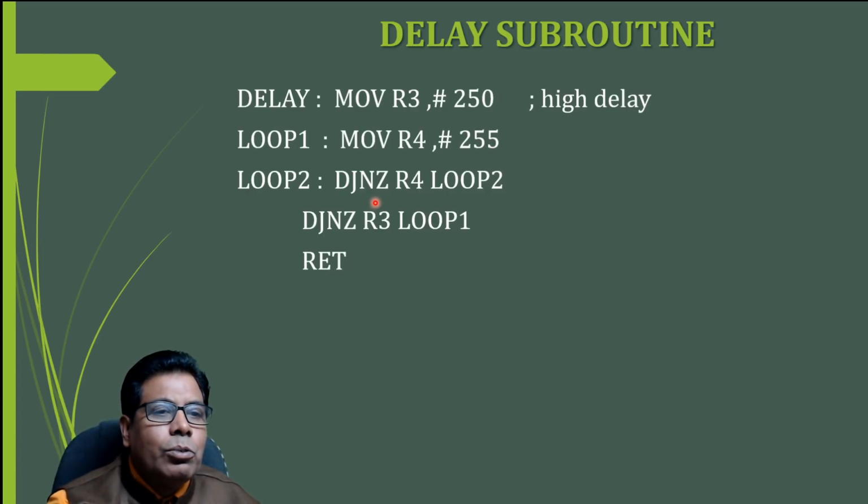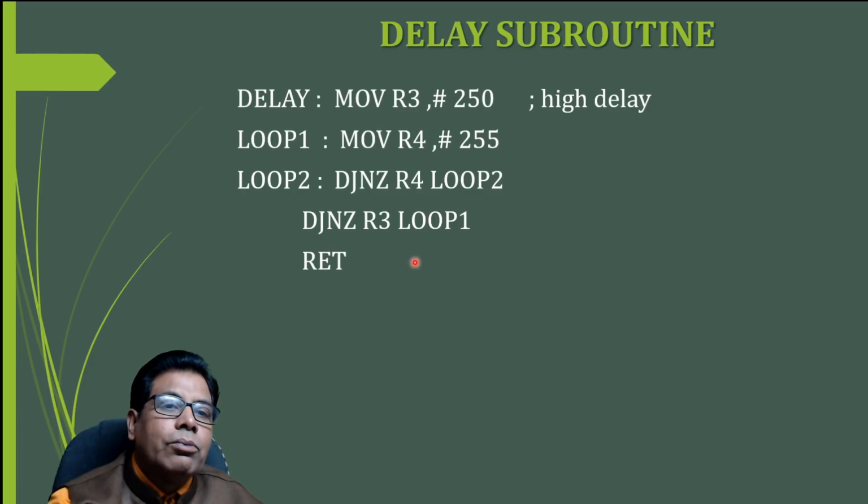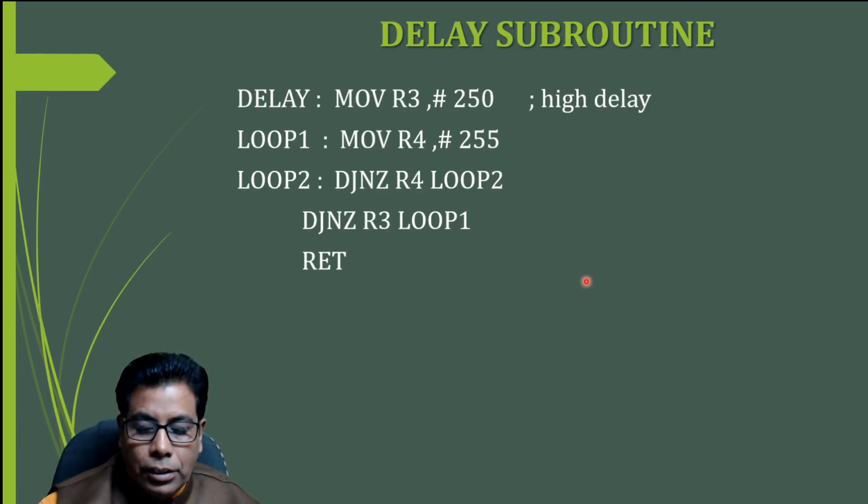Then this is the loop DJNZ R4, loop 2. So it will be in this loop until it becomes 0. Then again it will decrement R3 and then it will be in this loop. So we'll get a total delay of 250 milliseconds with the help of this subroutine.